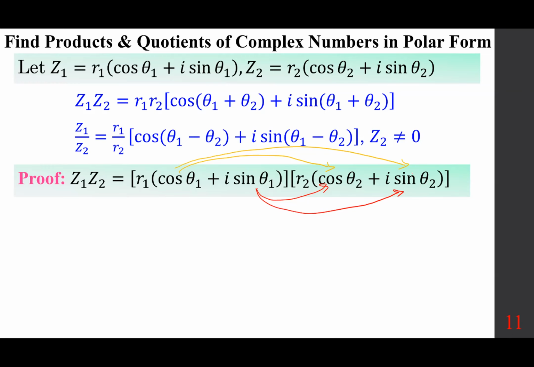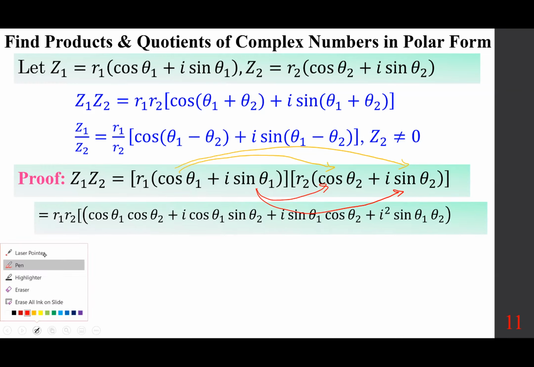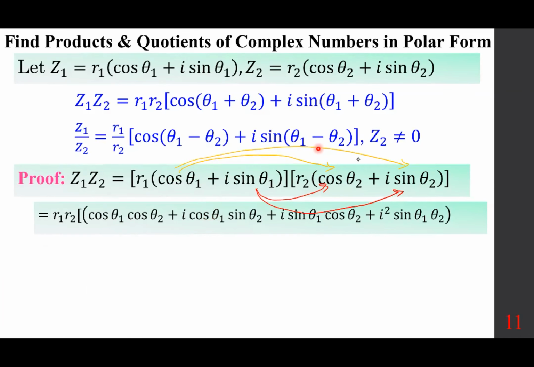So let's see what it looks like. This is the first one, cosine theta 1, cosine theta 2. Here's the second one, cosine theta 1 times sine theta 2, and I put the I in front. These two, again, we put the I in front: sine theta 1, cosine theta 2. And these two, I sine theta 1 and I sine theta 2, give us I squared sine theta 1 sine theta 2.